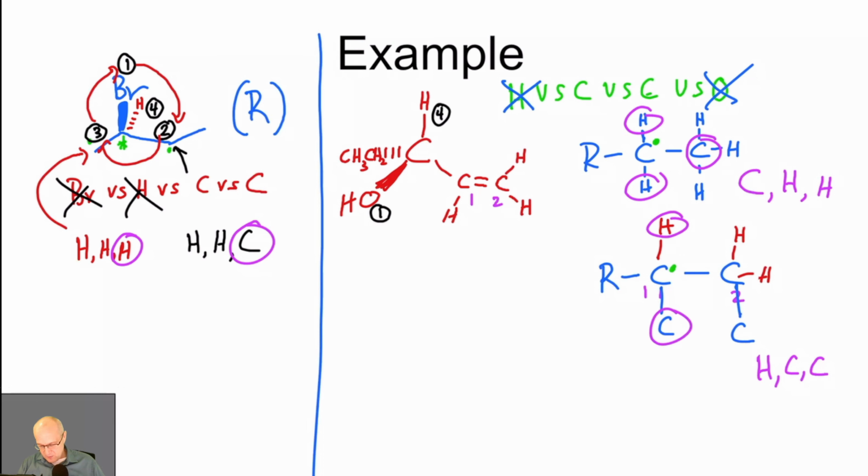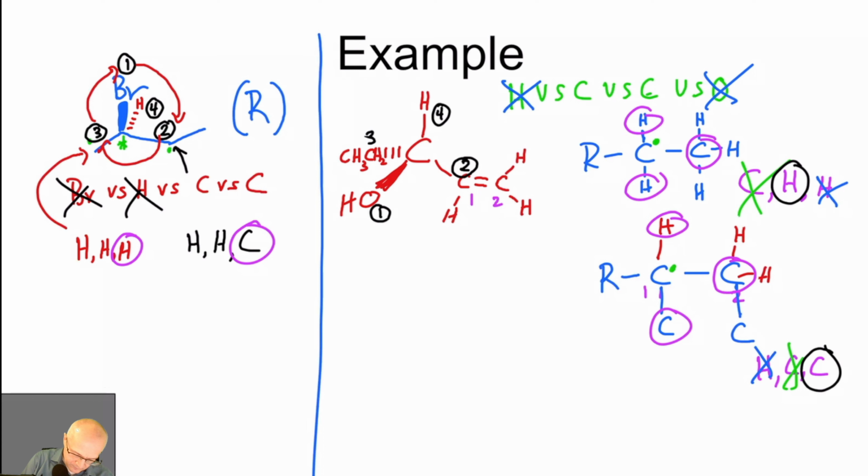Hydrogen, carbon, carbon. All right, so now look at them. So this hydrogen and this hydrogen kind of cancel, if you want to say it that way. This carbon and that carbon, they cancel out too, so get rid of those. So there's no help there. But the help comes now. This carbon versus that hydrogen right there. Carbon has a higher priority than hydrogen. So therefore, this is priority group 2, the alkene.